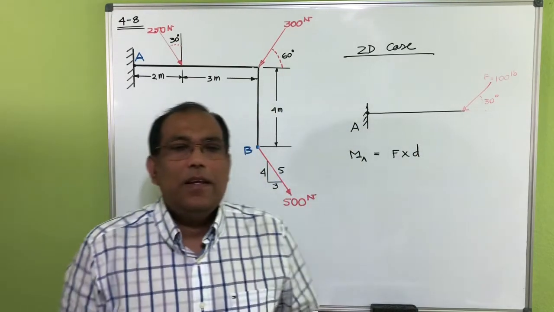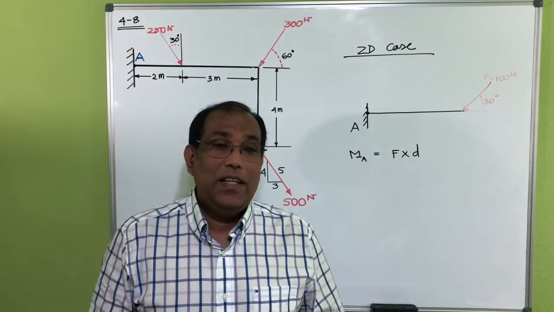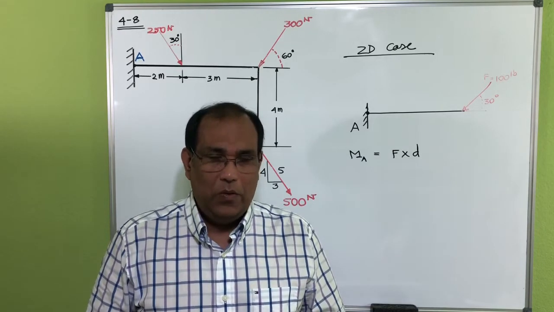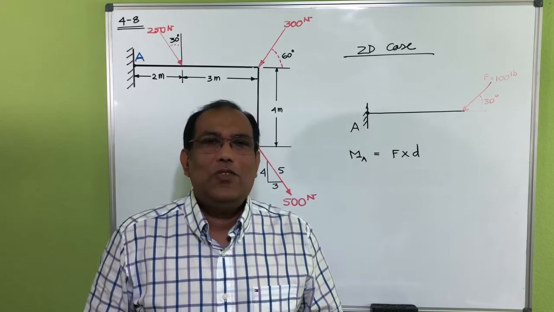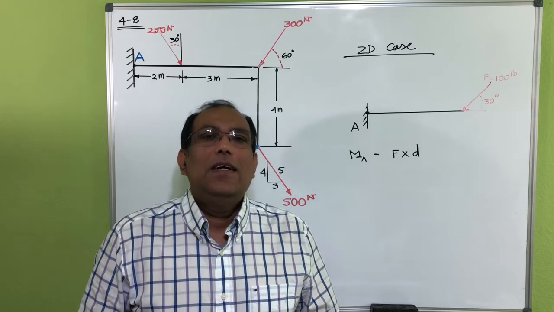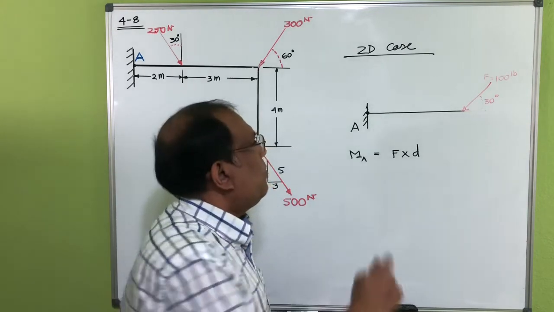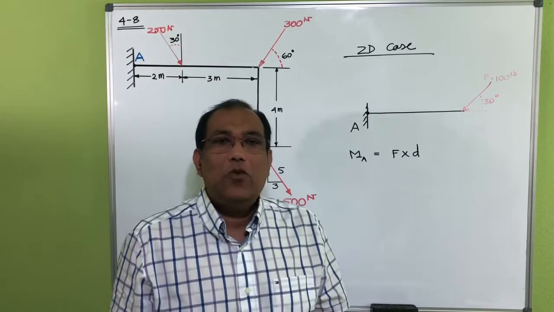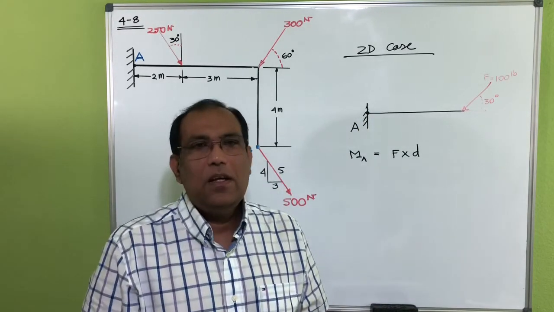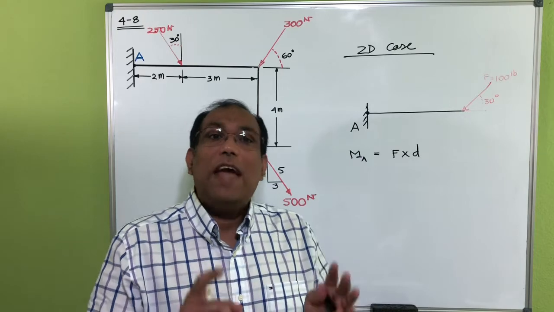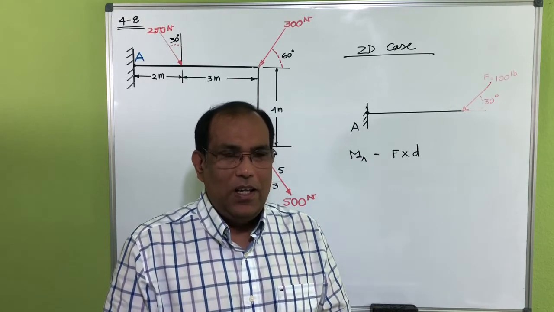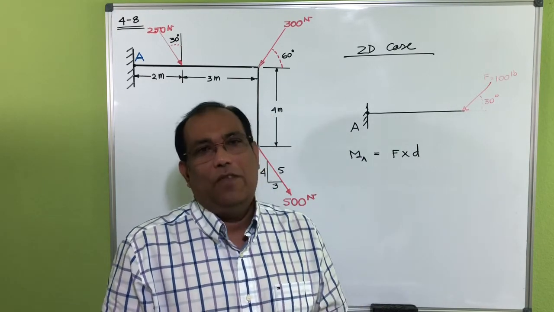Now that distance is very important, what distance we are talking about. The distance would be the shortest distance, or perpendicular distance, from point A, at which I'm trying to take the moment, to the line of action of the force.